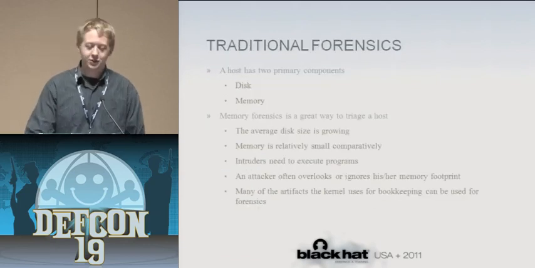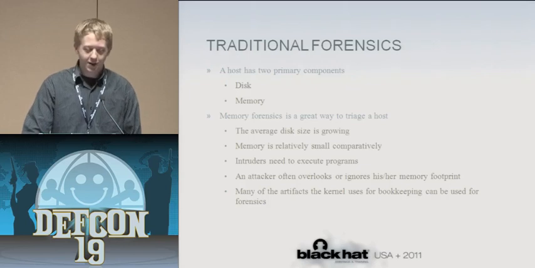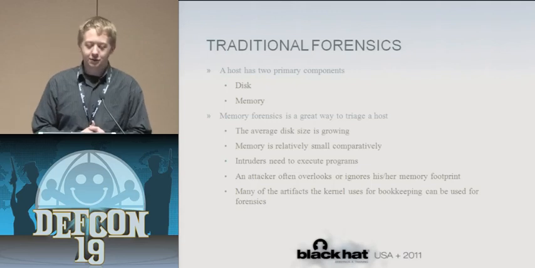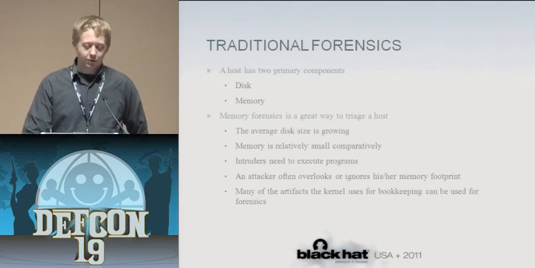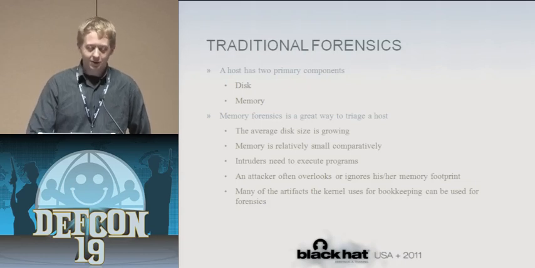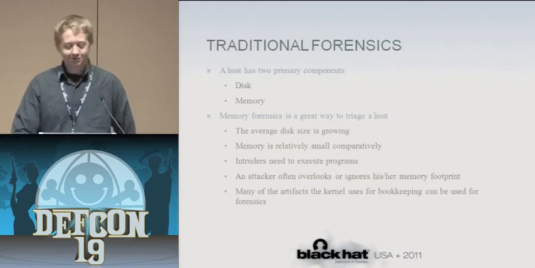So traditional forensics is kind of a broad overview. A host has two large sources of information for forensics: the disk and memory. And lately, memory has become a great way to triage a host, say in a forensics investigation. The reasons for this are that the average size of disk is growing extremely high.